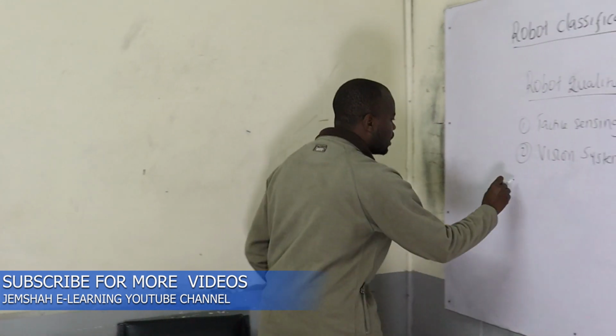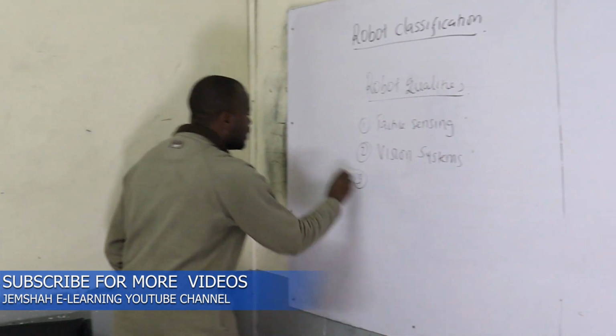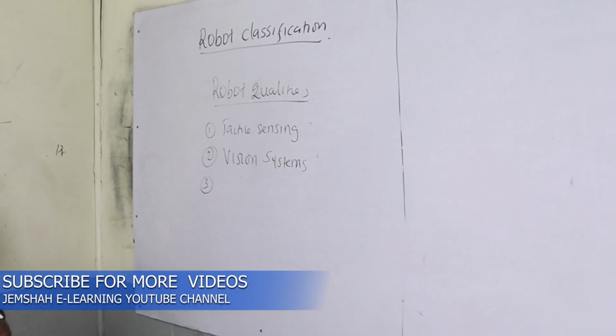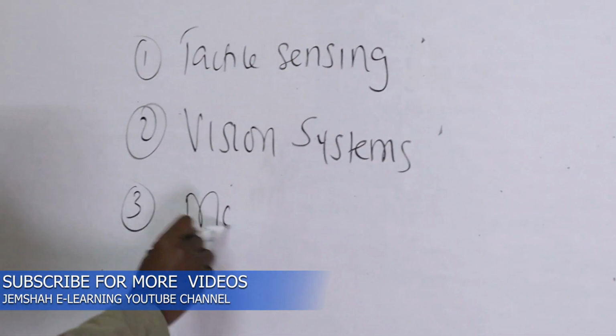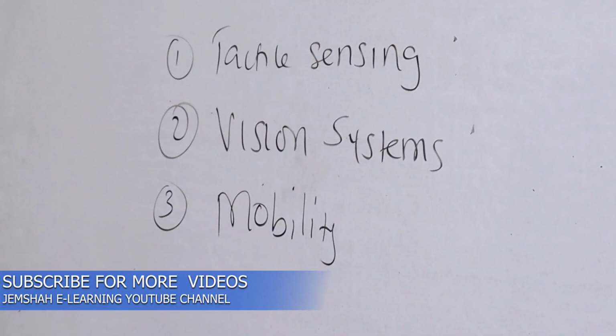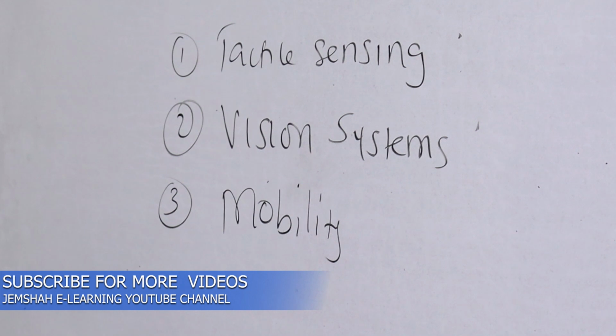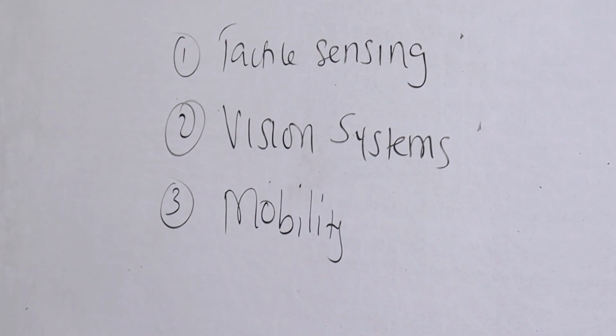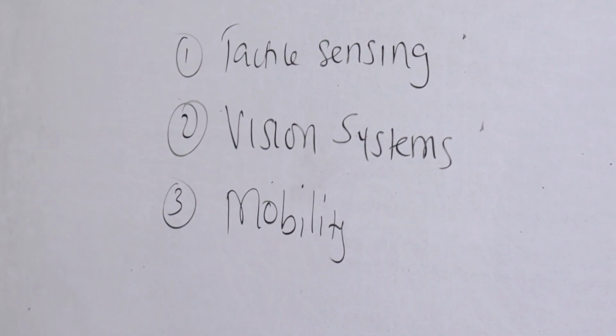The third quality that we can talk about is mobility. Generally, robots usually stand in a single position or station for the bulk of the factory requirements.